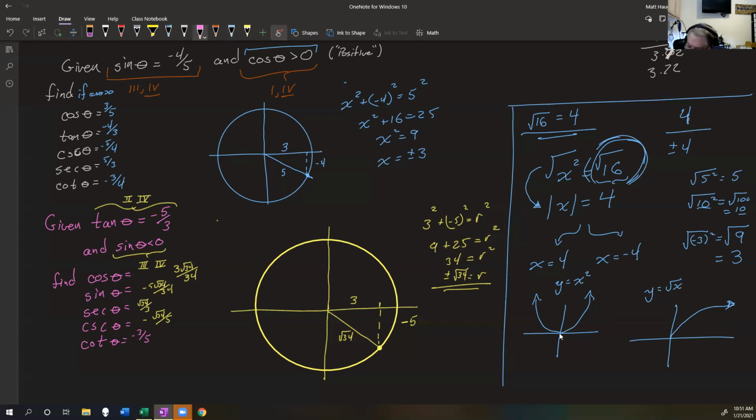The square root is only operating on part of the x squared function. So the square root isn't a complete inverse of x squared. So they don't simply undo each other. They undo each other with some mess left behind. Fair?